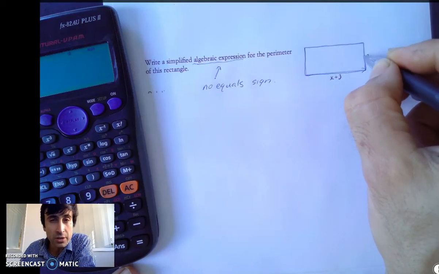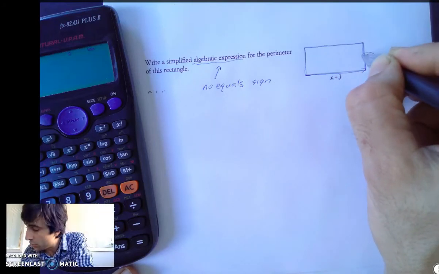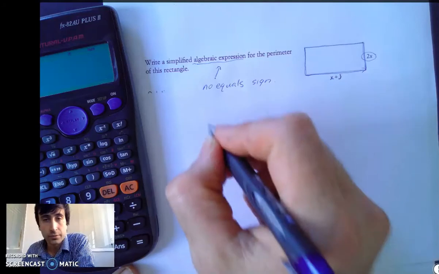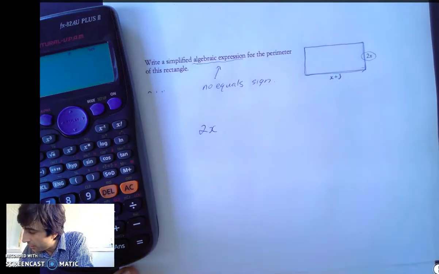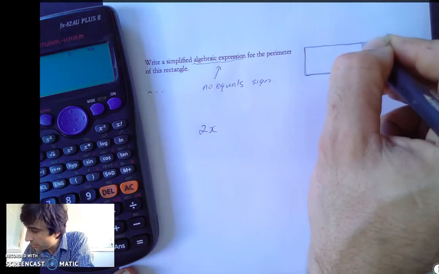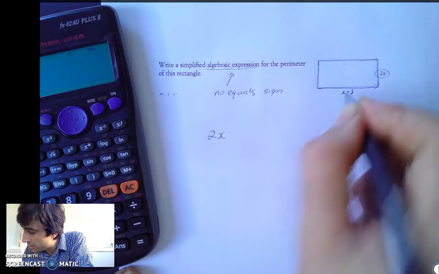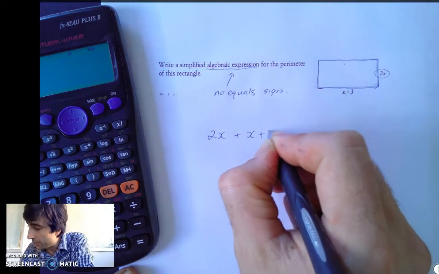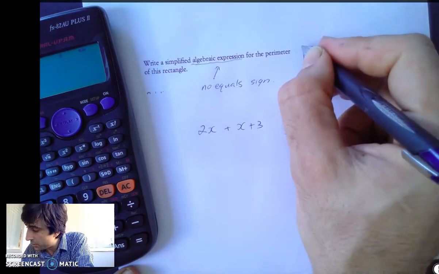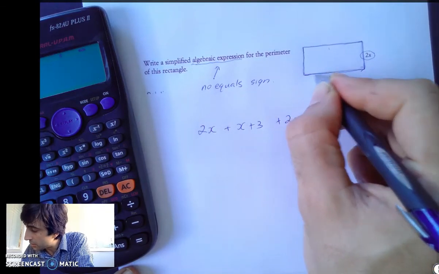Well, we don't know what it is as a number, but we know that it's represented as 2x. And then we go here. So it's 2x now plus, what's that distance? I know, it's written down here, x plus 3. And then we go down here, plus 2x. And then we go across there, plus x plus 3.